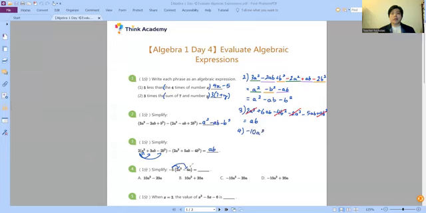Then I have negative 5 times minus 4a. That's going to give me a positive 20a. And as you can see, there's nothing more I can do right here. So my final answer is going to be option D. Negative 10a squared plus 20a.